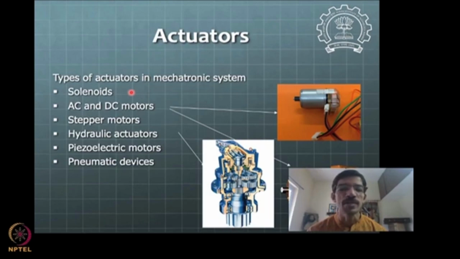That kind of actuation one can do with a solenoid. So they have applications in many different places. Then AC or DC motors are a very important class, because they are the most popular actuators in mechatronic systems. Then you can have stepper motors, also a big class.